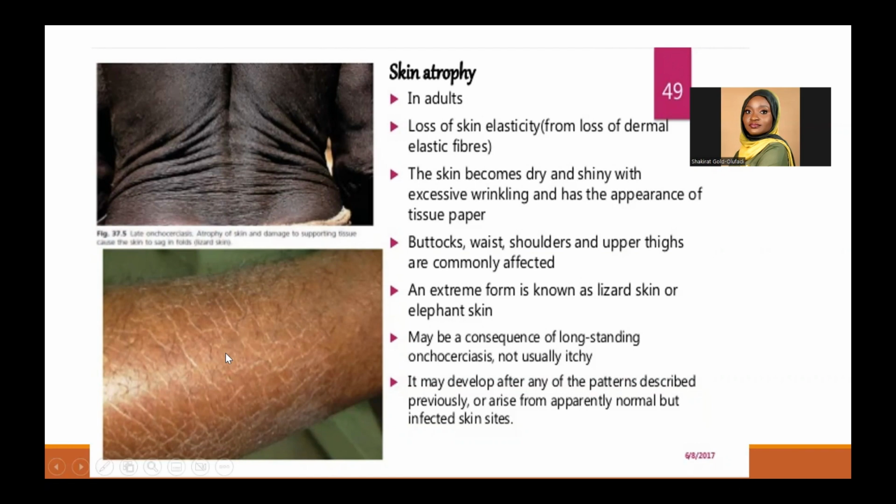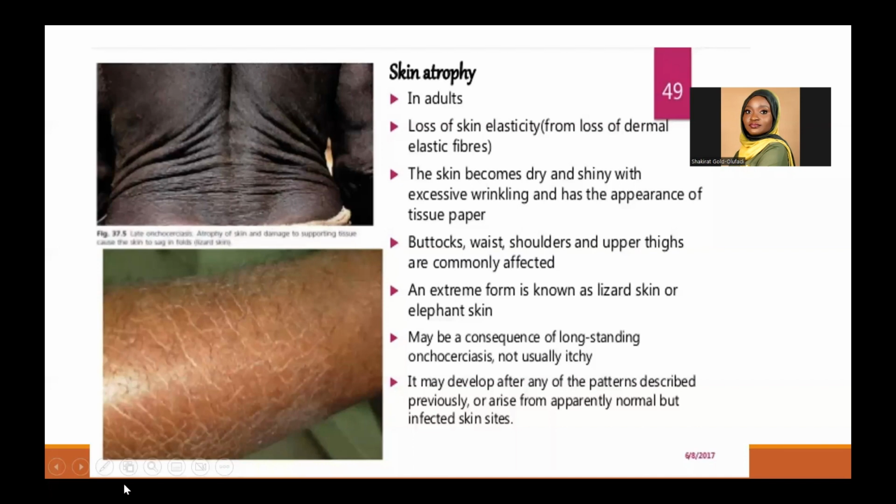And this usually is chronic, late or long-standing onchocerciasis. By this time, it's usually not very itchy because you've scratched it to a point where the skin has become almost numb and the person is unable to appreciate the itchy, pruritic sensation anymore.